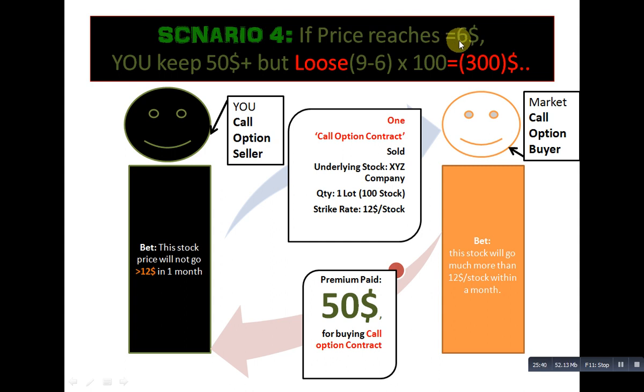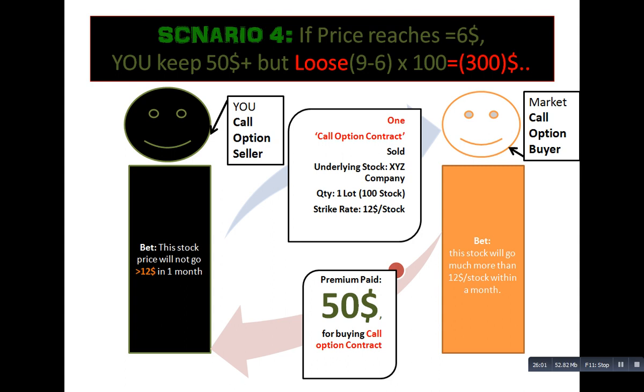Now you cannot sell this stock earlier at, let's say, $11.5 to make a stop loss, because you have this contract present, right? You are bound to keep this stock in your account till this contract is live, that is within this 1 month, which was the expiry.